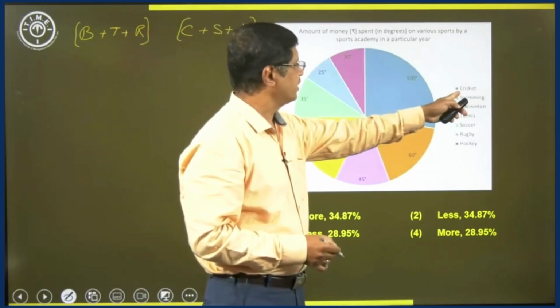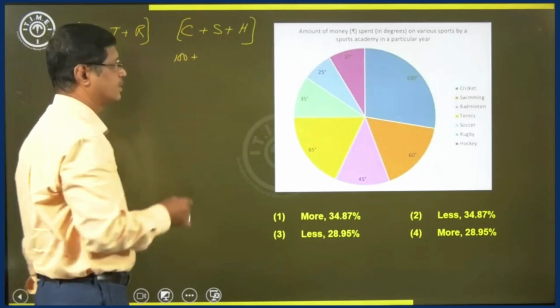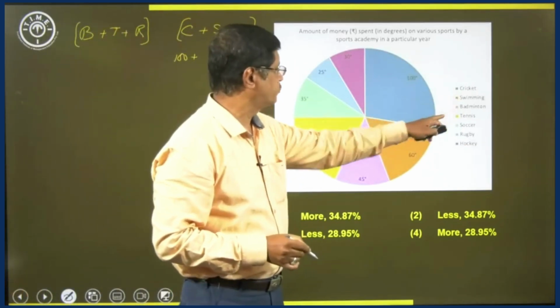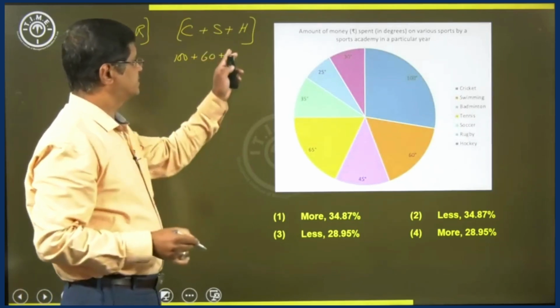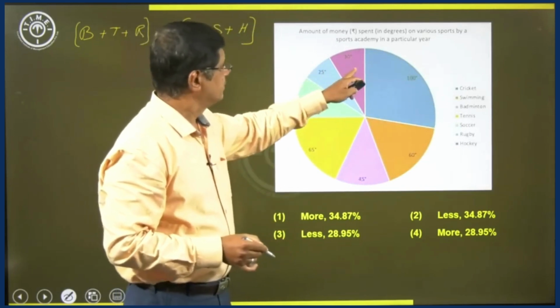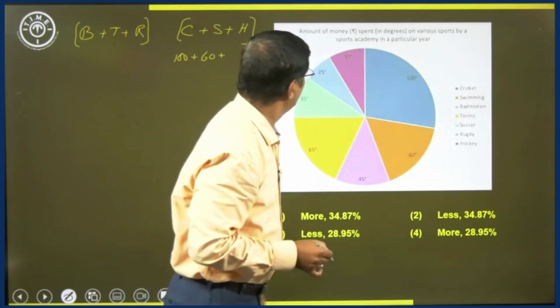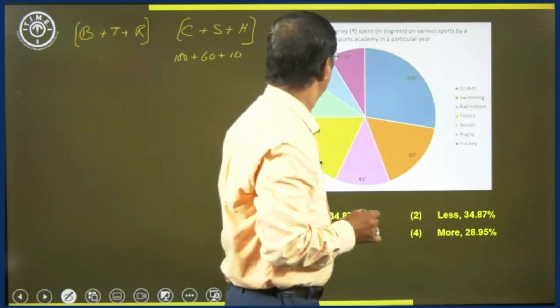Look at cricket. Cricket is 100 degrees. Then swimming, the second one, is 60 degrees. Next, hockey. Look at the hockey. How much? It is 10 degrees. Am I right?